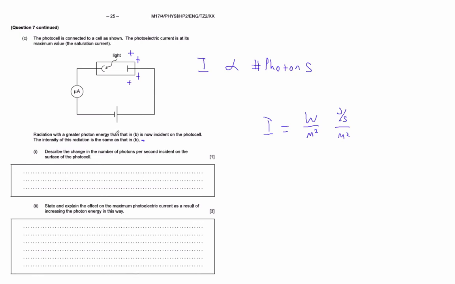If they go from blue to violet light but the intensity stays the same, remember it's the same number of joules in a given second. If every photon has more energy but the energy is the same, you're going to have fewer photons.